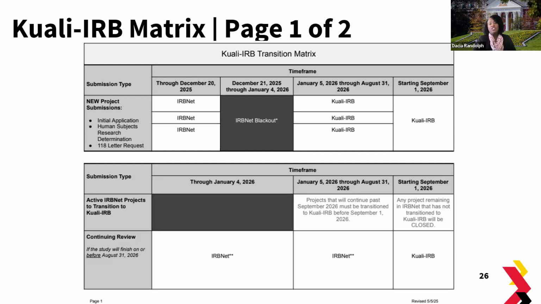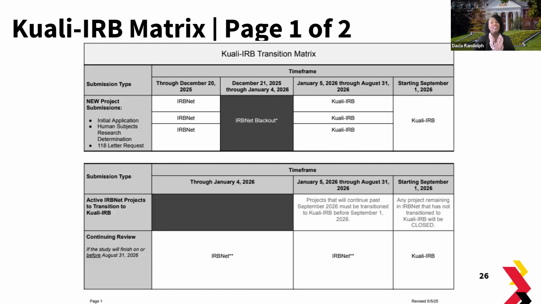And then beginning on January 5th, 2026, all the way through August the 31st of 2026, this is when we're going to be utilizing Kuali-IRB. Now, this particular time frame is broken out because during this time, you can still access IRBNet, but only for projects that are, again, active.